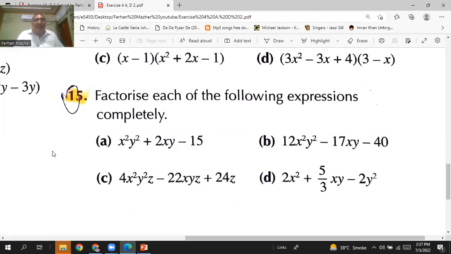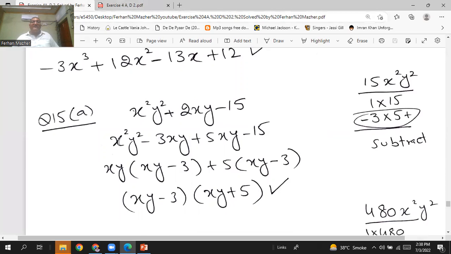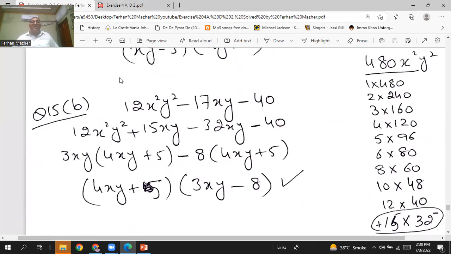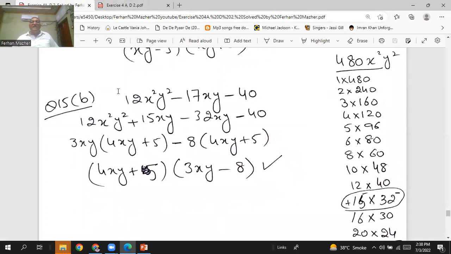Okay, so question number 15 is B part. We have 12x squared y squared minus 17xy minus 40. So very simple procedure. You multiply the extreme terms with each other. When you multiply 12x squared y squared and minus 40, you get 480x squared y squared.